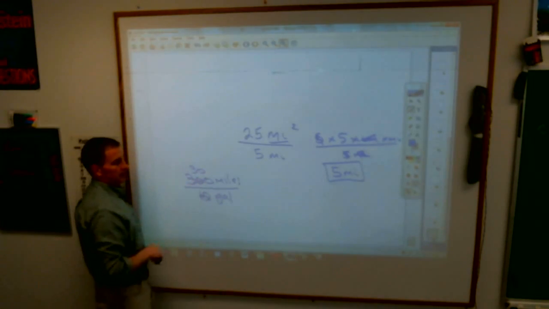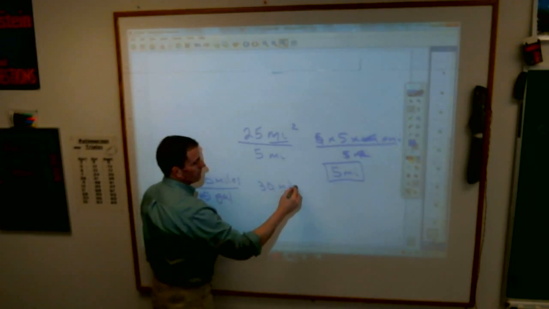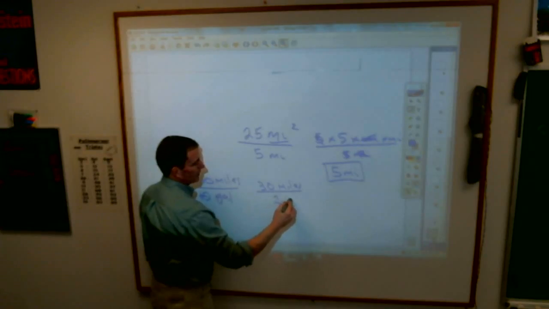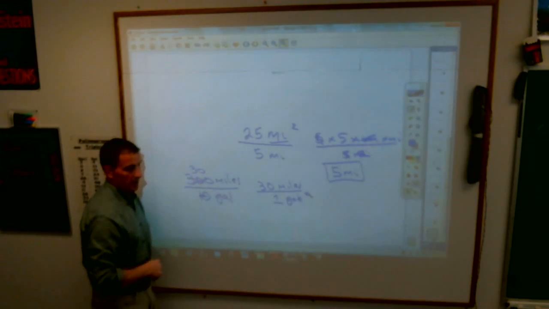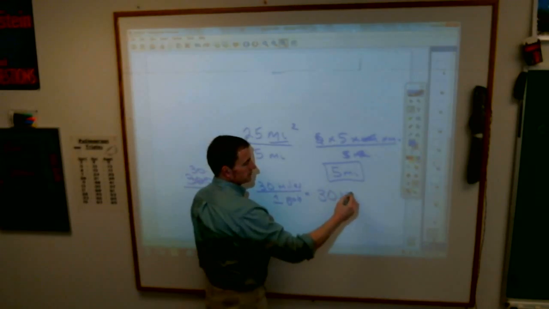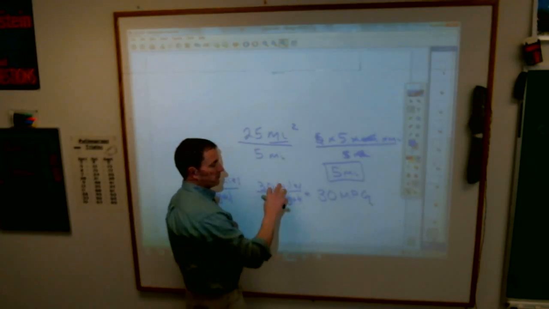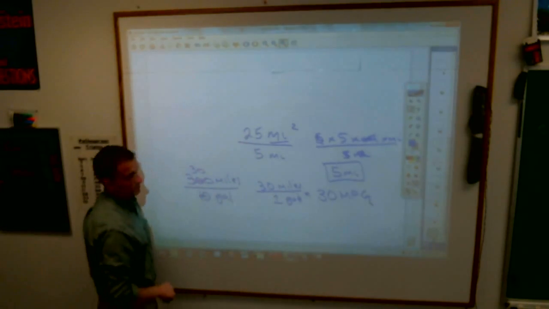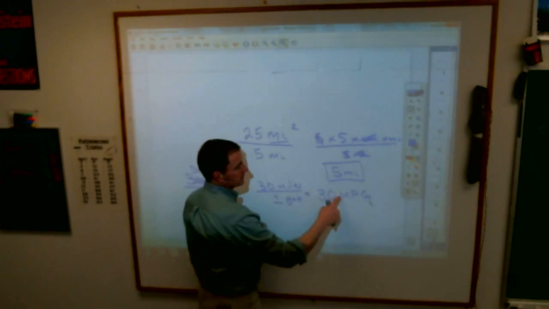And we see this all the time. 30 miles over 1 gallon. Usually when you see this written out, it is 30 miles per gallon. That's what 30 miles over 1 gallon means. With 1 gallon, you get to go 30 miles, so your car is going 30 miles per gallon.